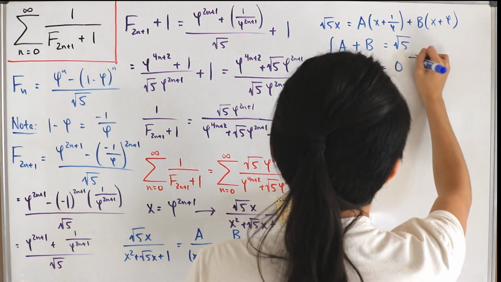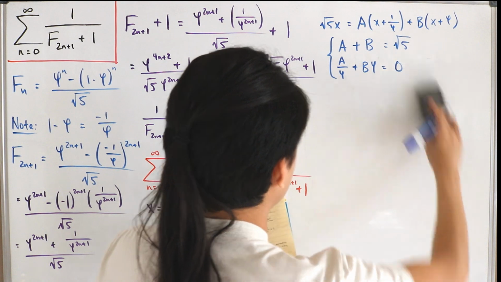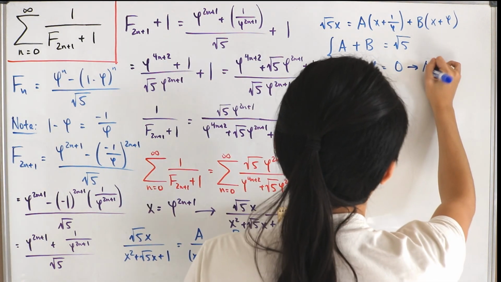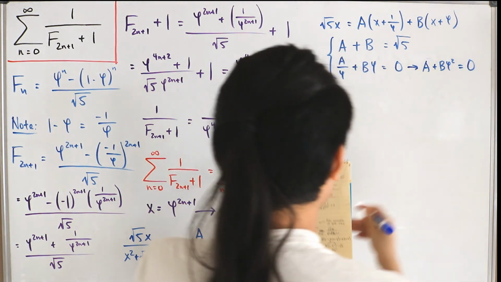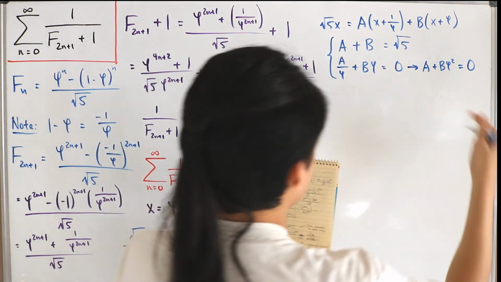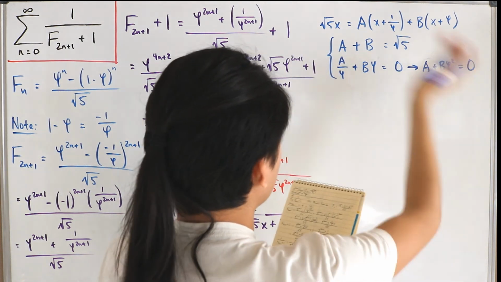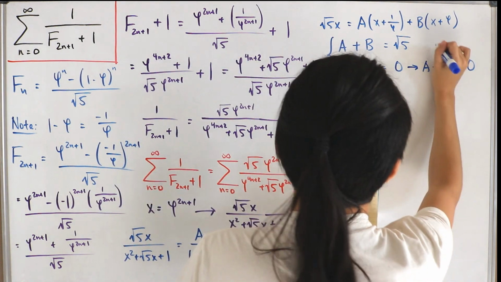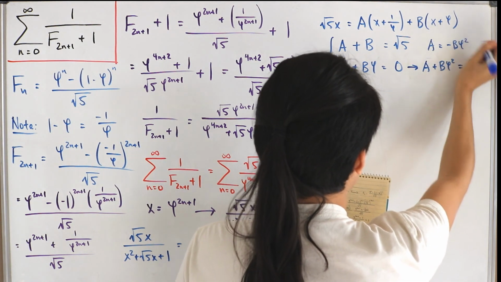Now I have A plus B phi squared equals 0. If I want to get a variable by itself and do the substitution easily, we can see that A is equal to negative B phi squared.